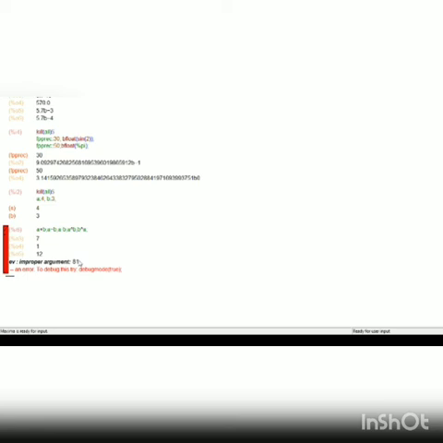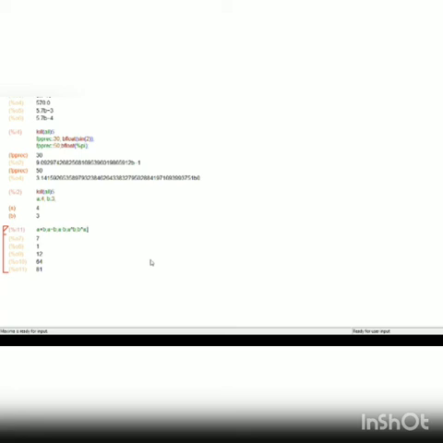It has to come 64. Why is it not displaying? Let's see. Yeah, improper argument. We made a mistake here. We have to use semicolon, not comma. Now see here. Yes, A to the power of B, 64. B to the power of A, that is 3 to the power of 4, is 81.